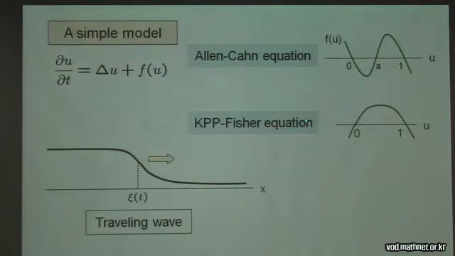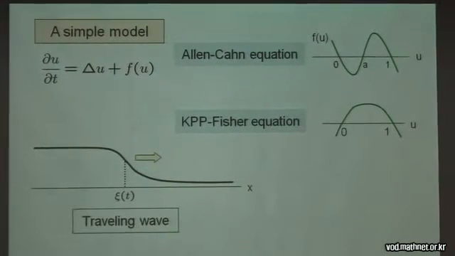While in the Fisher-KPP equation, u equals 0 is unstable and u equals 1 is stable. And both of them appear in many areas, even in ecology, or particularly in population genetics. Both types of equation appear depending on the situation.